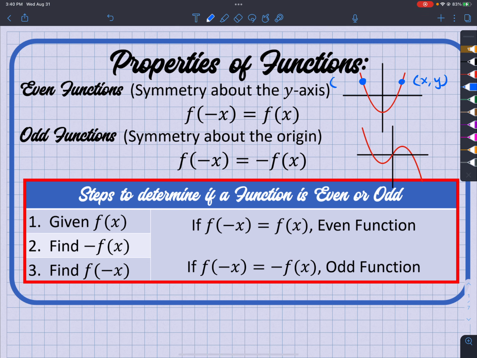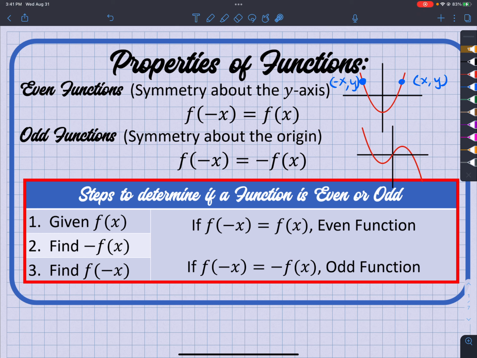Over here, I'm going to have the same y value, but the x value is going to be negated. So the same x value, just the negative of it. So here I'm trying to show if I was to plug in a negative x for x, I would have the same y value come out, right?